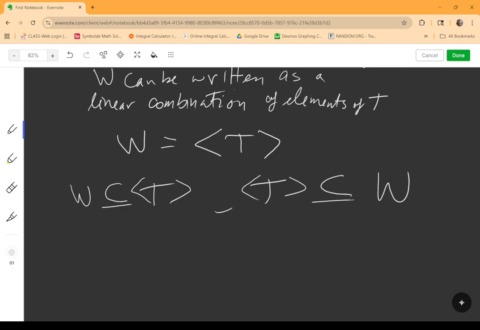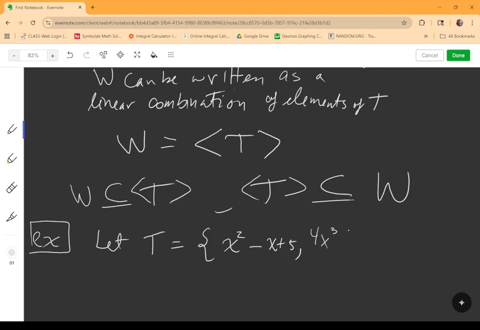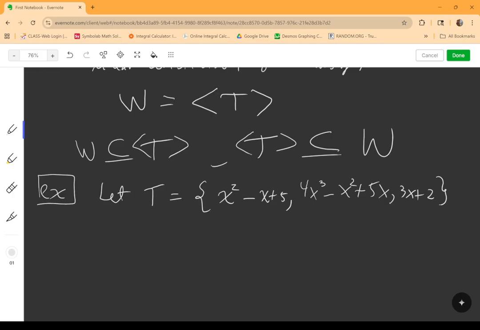Let T be the set defined by the three polynomials, 4x cubed and so on.